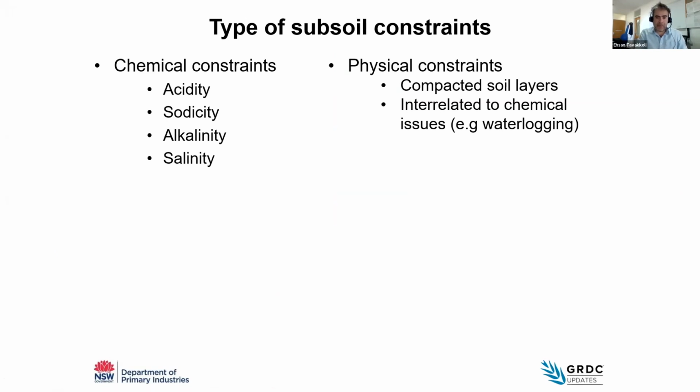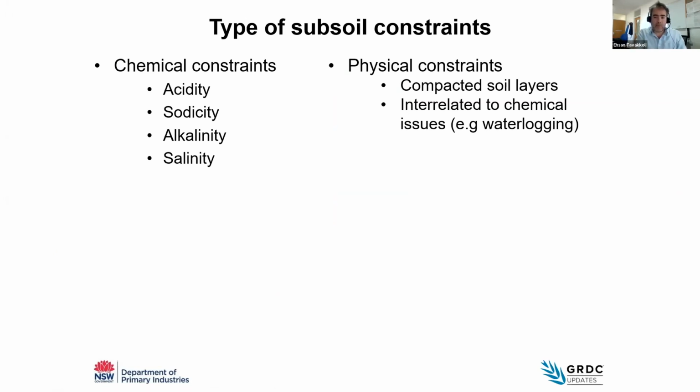However, if you think about the soil or subsoil constraints in our farming system, I can categorize them into two categories. Chemical constraints: we have acidity, sodicity, alkalinity, because high pH itself is always a problem, and also salinity. And we have compaction, that Meran will talk about.